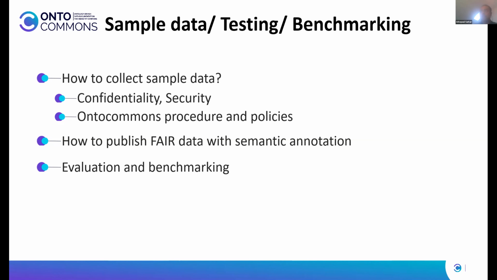If such data can be published, then these datasets annotated with the interoperable ontology will be a great input from the OntoCommons project, because this can help the ontology community to work on.